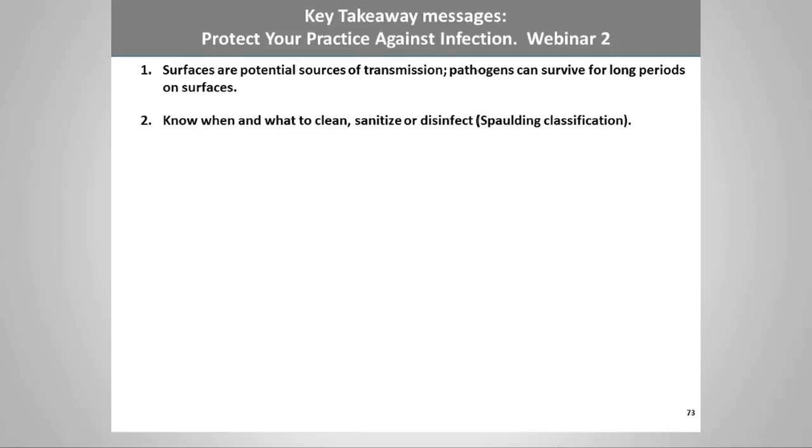But you need to know when and what to clean. I think a good place to start is the Spaulding classification of critical, semi-critical, and non-critical. Clinical surfaces, the surfaces you actually touch, and housekeeping surfaces need attention to avoid the spread of pathogens.